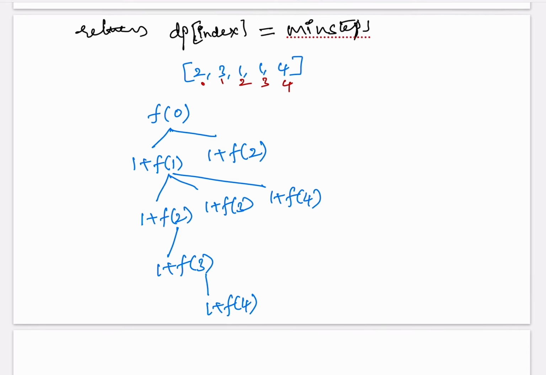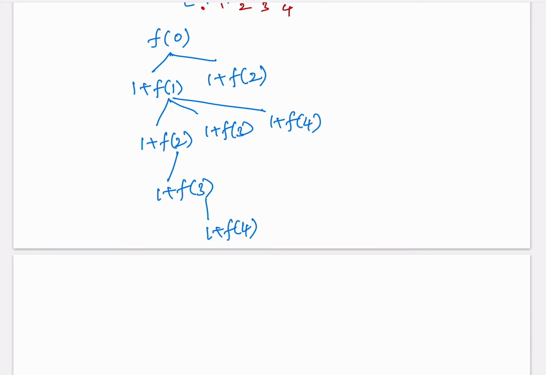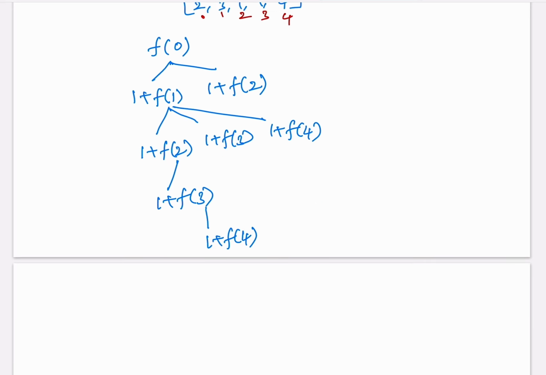But after that we compare this with, before returning this, we return minimum of infinity comma 0, which gives value 0.